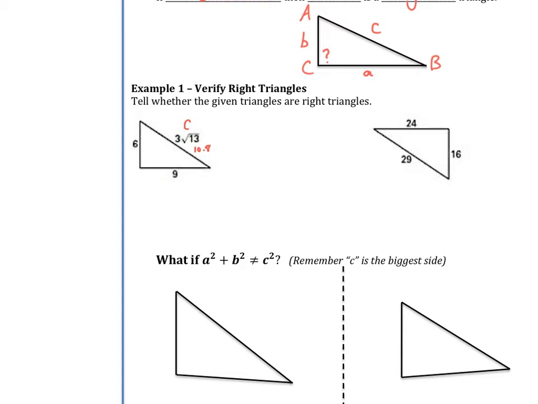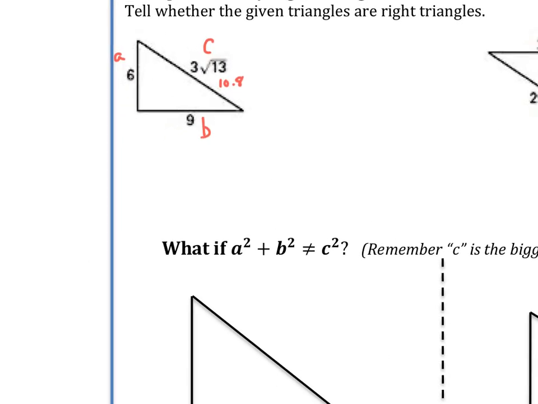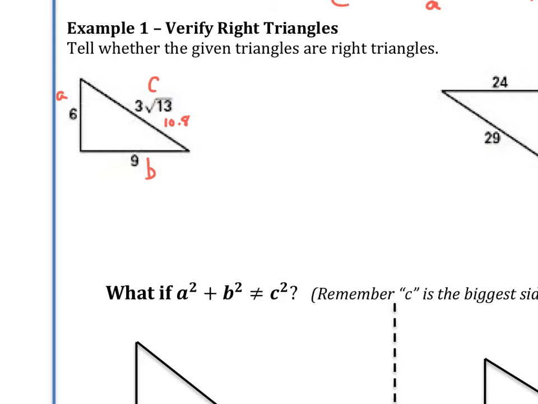So we're going to call that c, and the other sides we'll call a and b. So if this is a right triangle, then a squared plus b squared will equal c squared. So we want to know, does 6 squared plus 9 squared equal 3 square root of 13 squared?